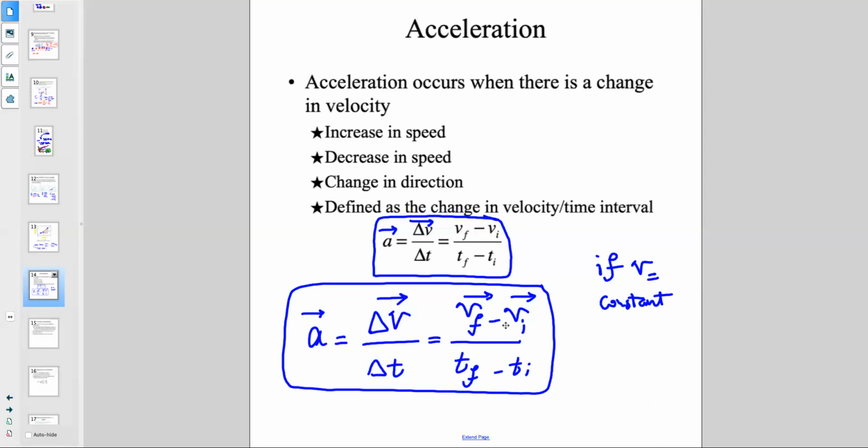So when you subtract them, you'll end up having a 0 up here. And that means your acceleration is 0. So if velocity is constant, then acceleration is 0. And it is important, so I am going to put it in the box.